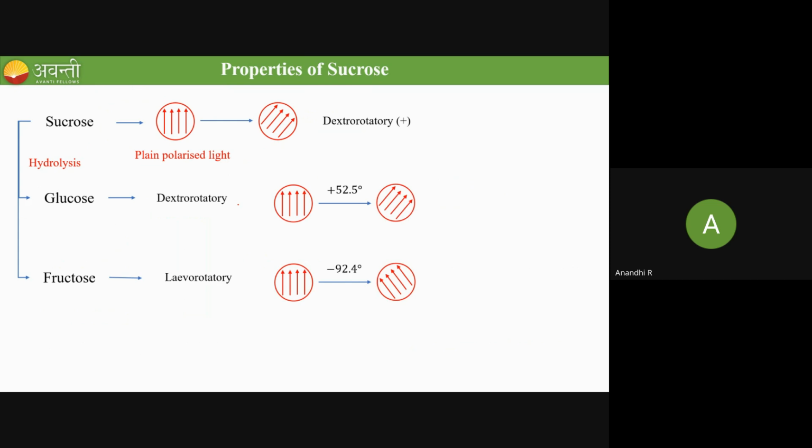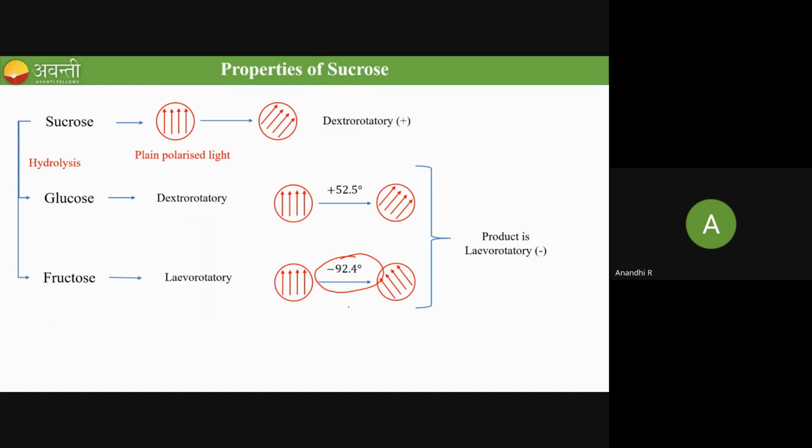Which is higher, 52.5 or 92.4? Which number is greater among these two? 92.4 is the greater number. So that's why the product is called levorotatory in nature. One is greater than the other, and the one which is greater is dominating the other one. It means the fructose is dominating the glucose. What is the rotation of this fructose?